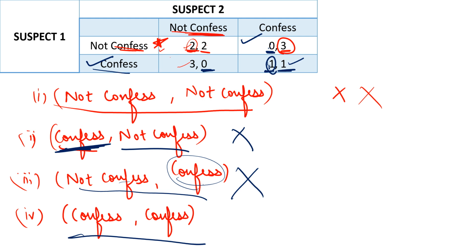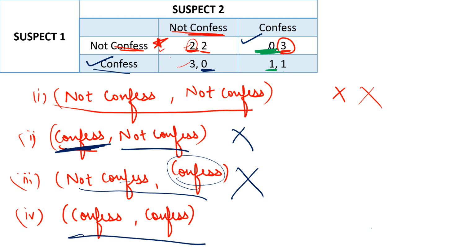Now our last strategy is confess, confess. For this, if player 2 has chosen confess, suspect 1 has to decide whether to go for this or this. What do you think?